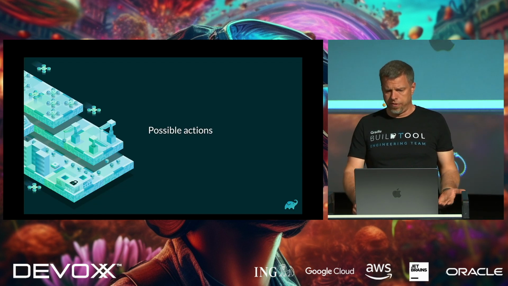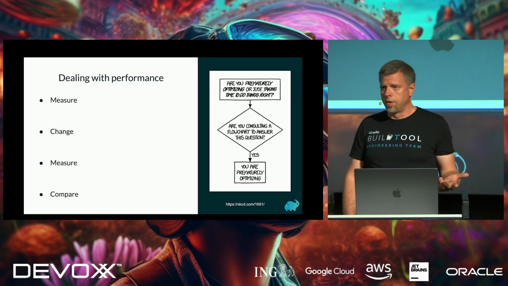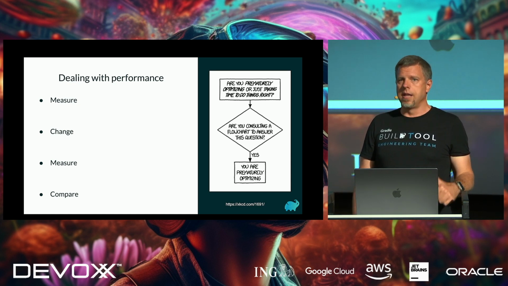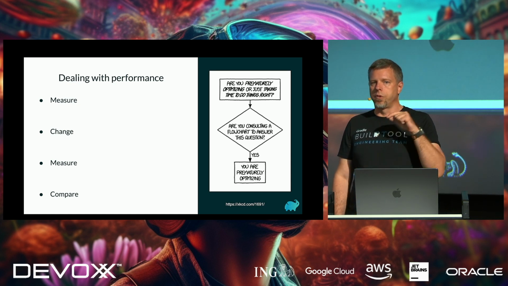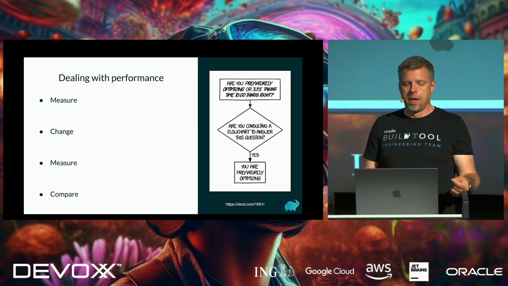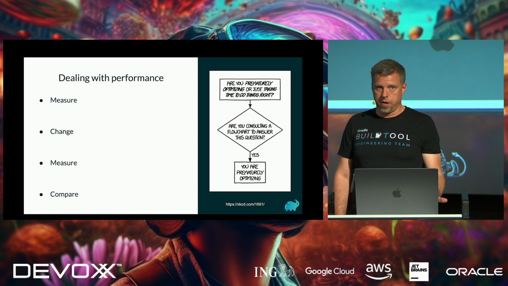Then what can we do with all of that? Well, the first thing we can do is realize that this talk is about performance, and so everything I say needs to be taken with a grain of salt and needs to be confirmed in your specific environment. So measure, do some change, measure again, and compare.